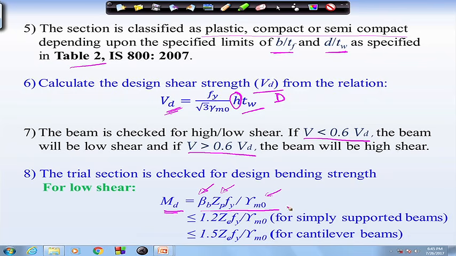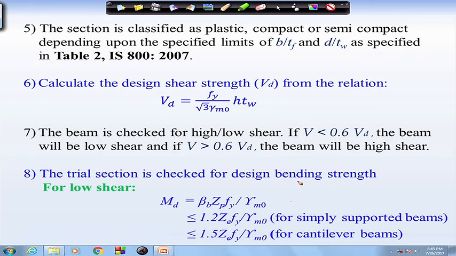From that I can find the design bending strength Md, and it has to be less than 1.2 Zc Fy by gamma m0 for a simply supported beam, and for a cantilever it has to be less than 1.5 Zc Fy by gamma m0. In these steps we calculate the design bending strength for low shear.